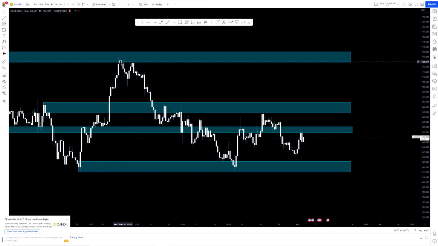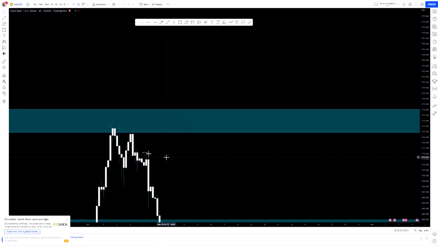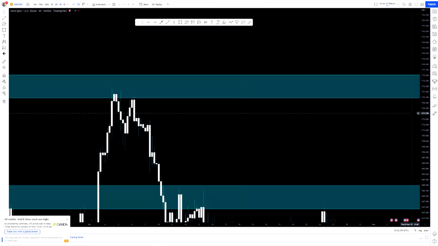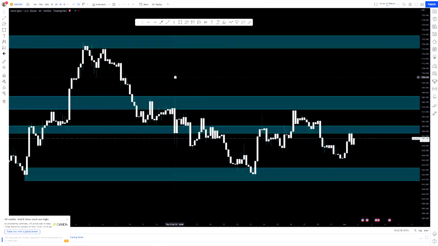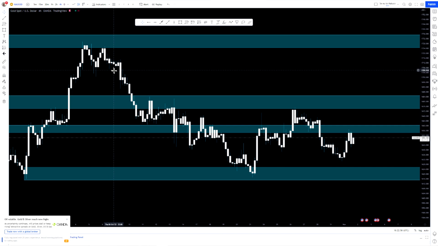Here the price came here and then retested here, same zone all week. Here we go, boom.